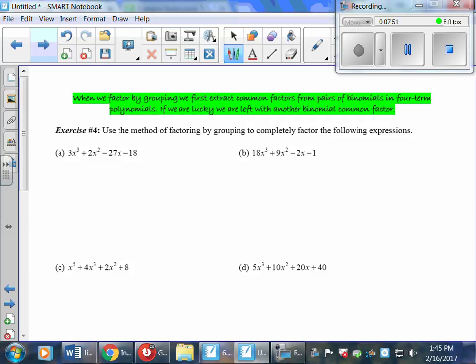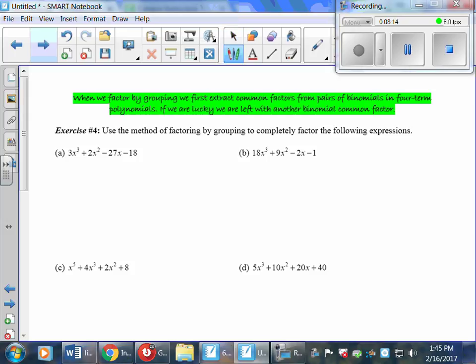So that's what we're going to do here. This is what we've been working towards, these more complex polynomials. A is a degree 3, B is also a degree 3, C is a degree 5, and D is also a degree 3, which means that's the highest exponent that you have in that particular polynomial.